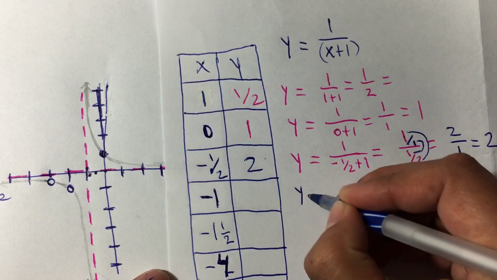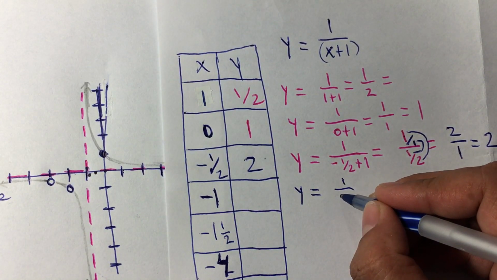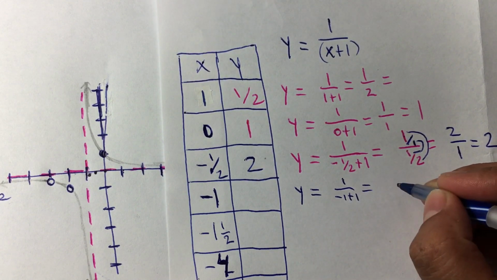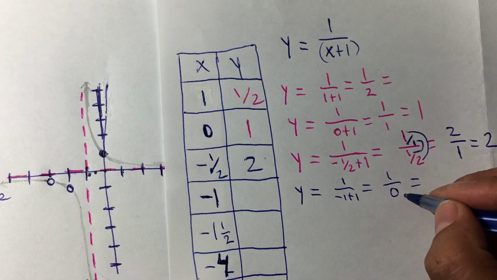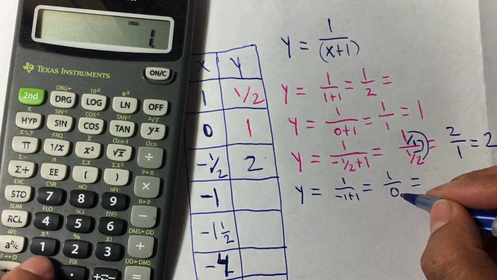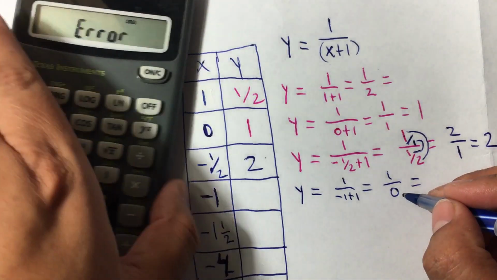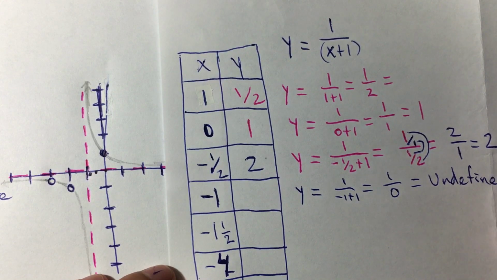In here, for the vertical asymptote, you have 1, and then negative 1 plus 1 is 0. We can never divide anything by 0. Why? Because 1 divided by 0 gives me error. Okay, so whenever we get that, we put undefined. And what does that mean?